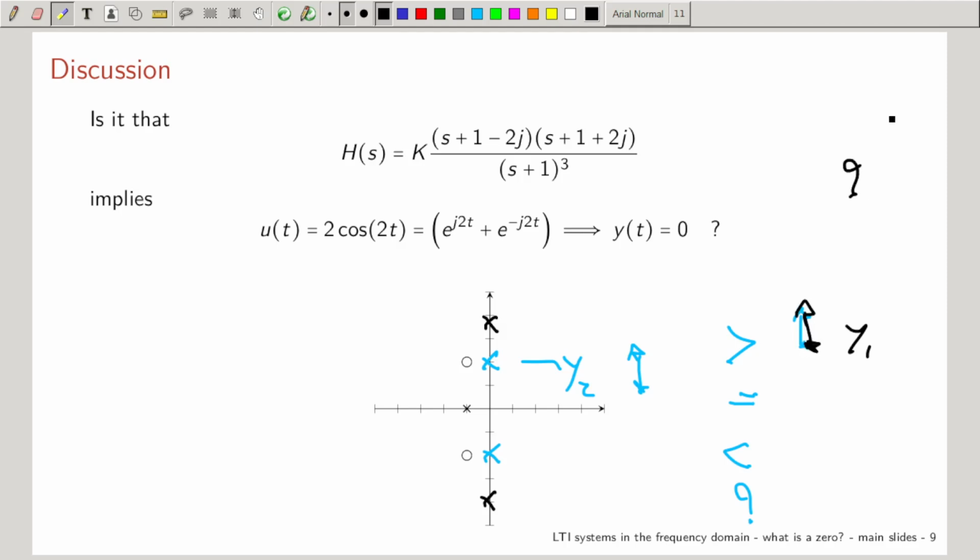I inject u cosine of this omega or cosine of this omega, and then I get y1 or y2. Together, y1 will have a certain amplitude. Will y2 have a bigger amplitude, the same amplitude, or smaller amplitude than y1?